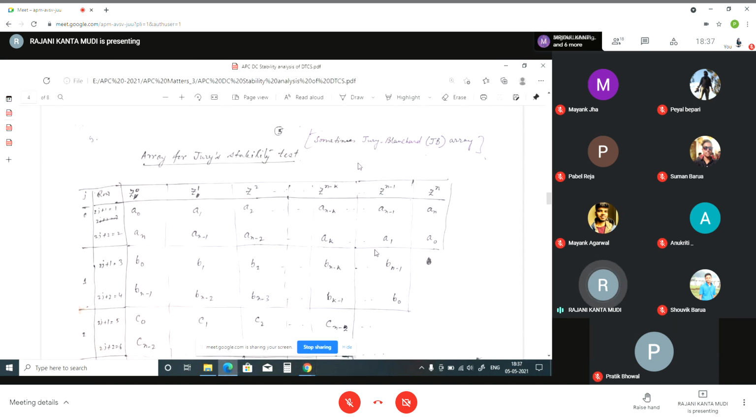Actually, Routh-Hurwitz criteria is applicable for the S domain. Basically, it is a mathematical criteria which finds the position of the roots of the polynomial.